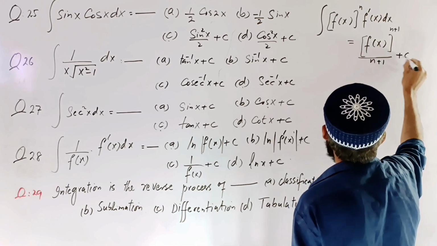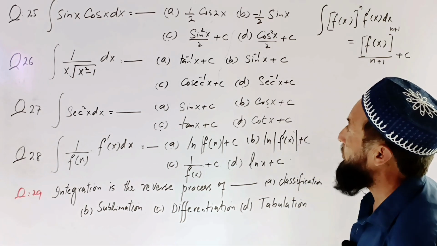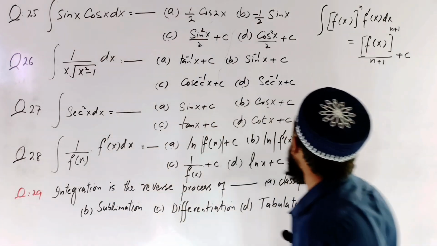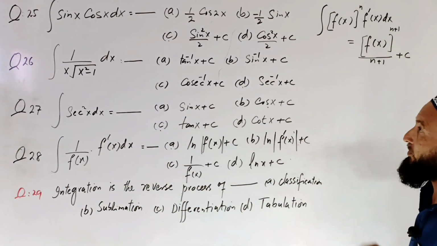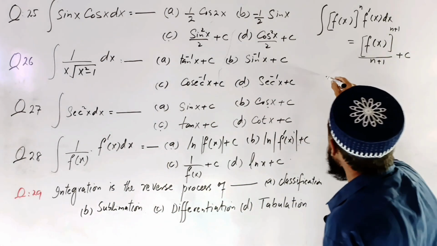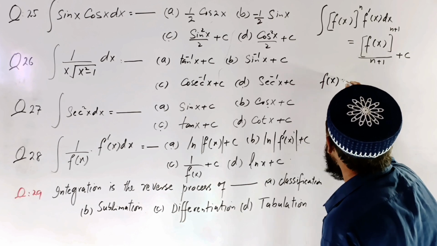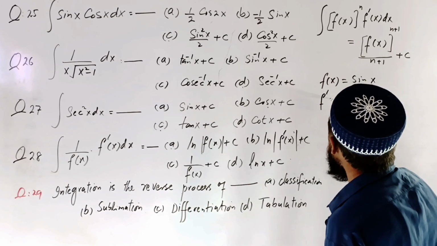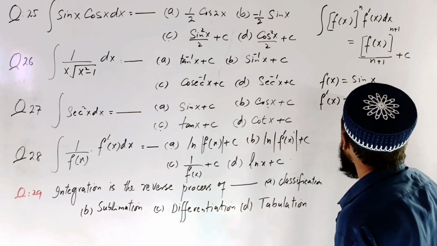plus c. According to this formula, look here, f of x is equal to sin x and its derivative is cos x. So for the function f of x, we put sin x, and its derivative cos x is already present here.